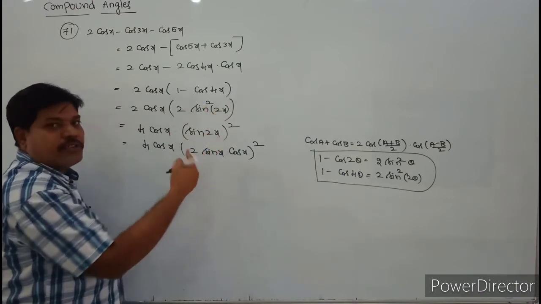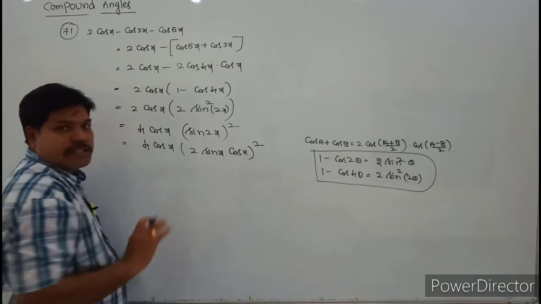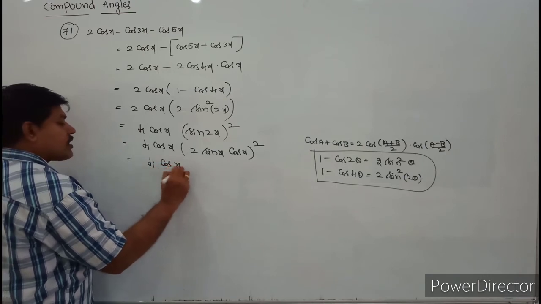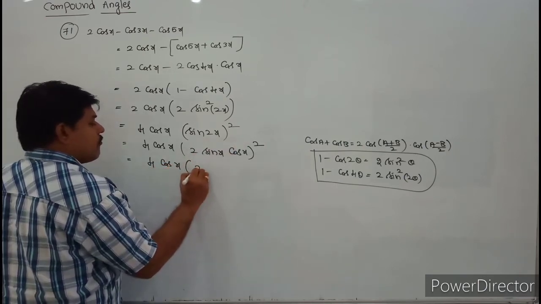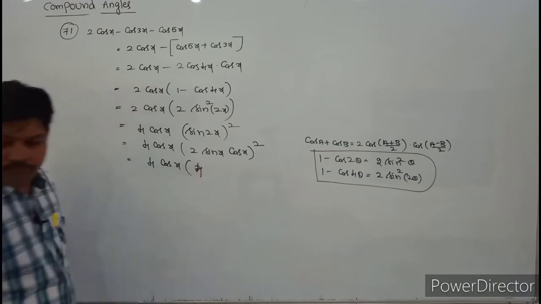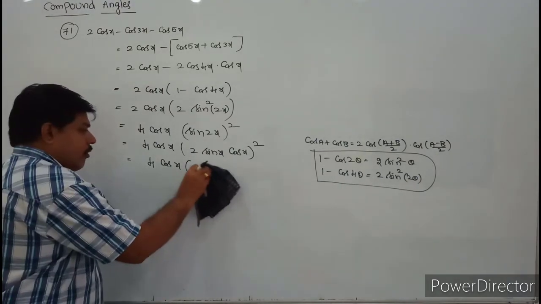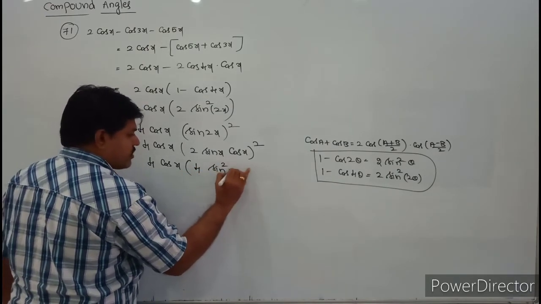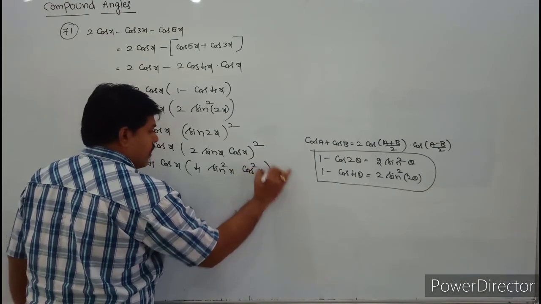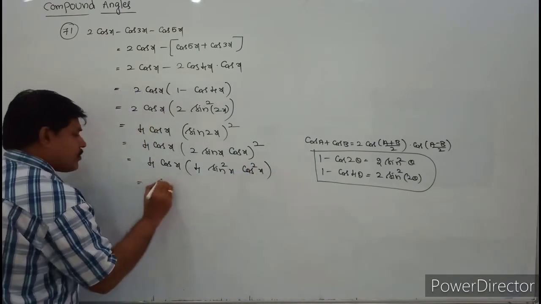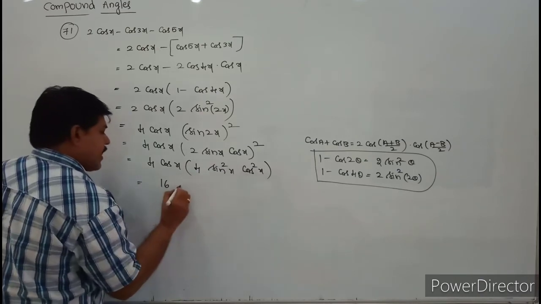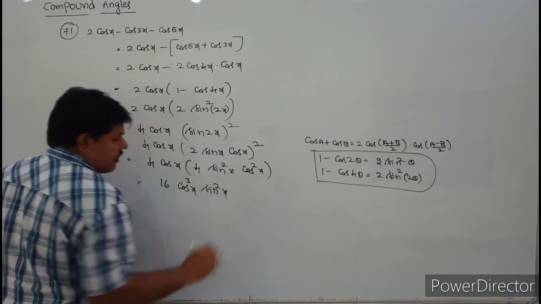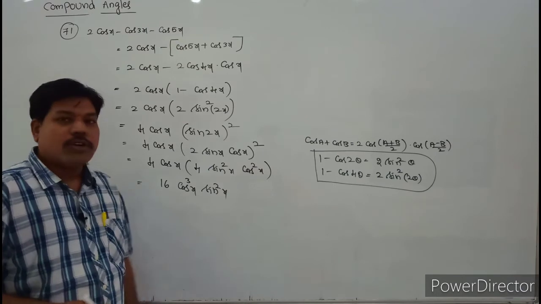So that implies 4 cos x into, apply the square, it will become 4 sin square x into cos square x. So 4 into 4, it will become 16 cos x into cos square x. So that is nothing but 16 cos cube x into sin square x.